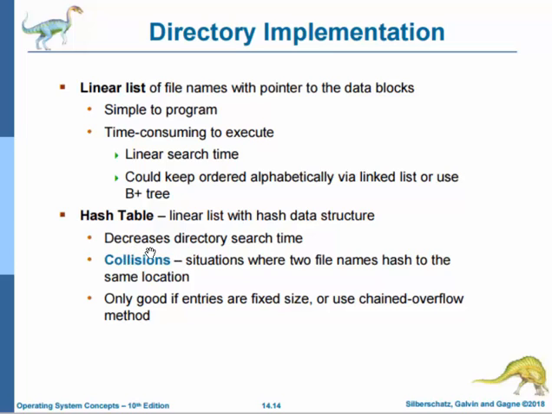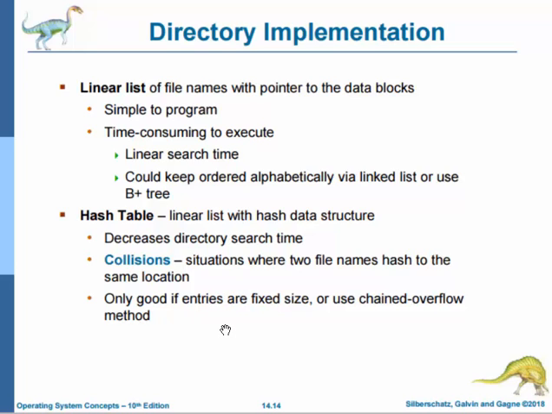So therefore, it can greatly decrease the directory search time. Insertion and deletion are also fairly straightforward, although some provisions must be made for collisions. And collisions are the situations in which two file names hash to the same location.